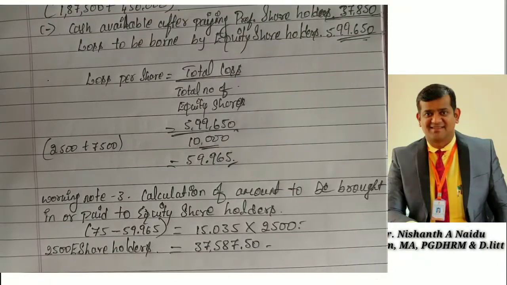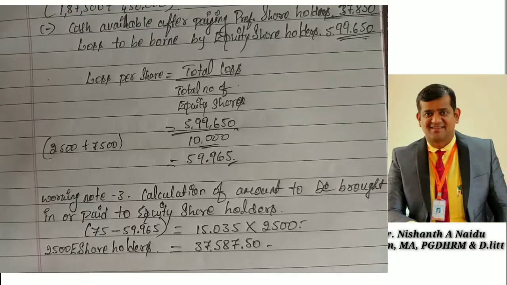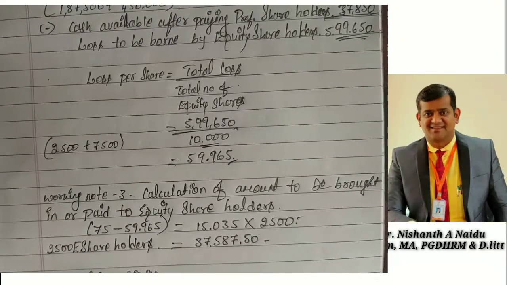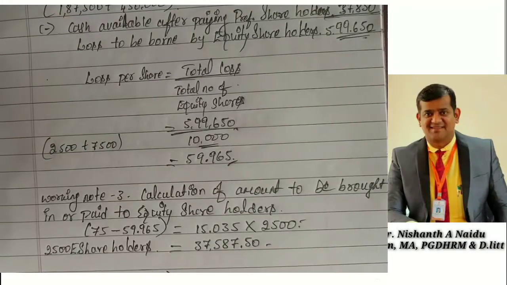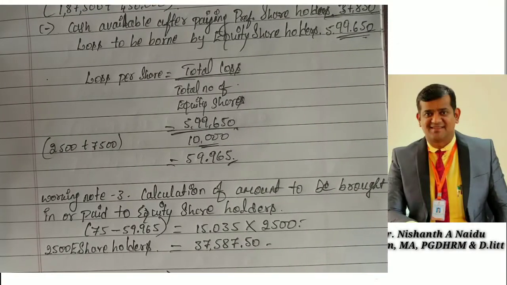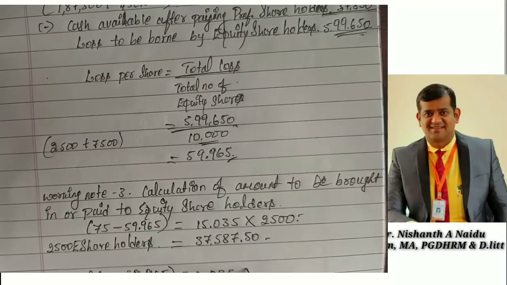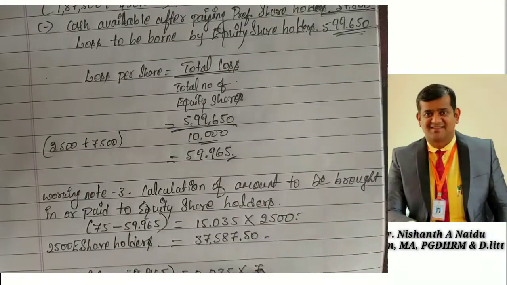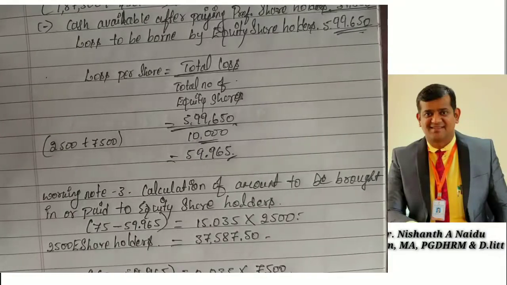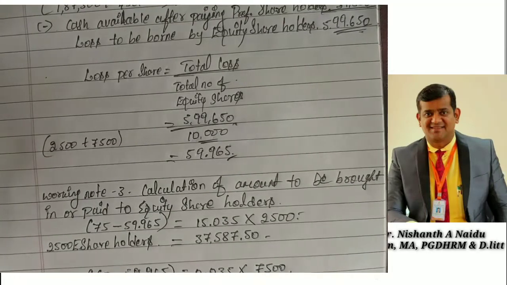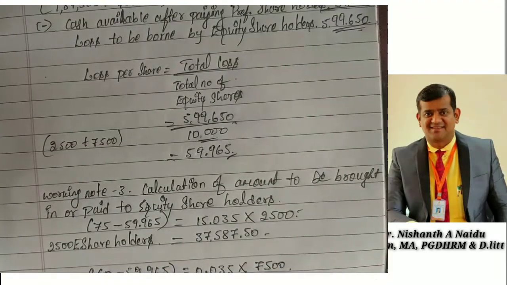So next is 60 paid, correct? So 60 minus 59.965 is 0.035. 0.035 into 7,500 shareholders comes to 262 rupees 50 paise.